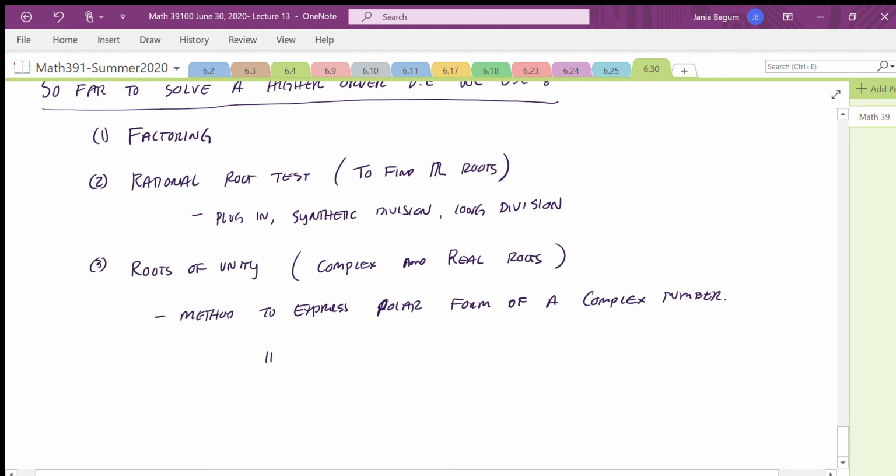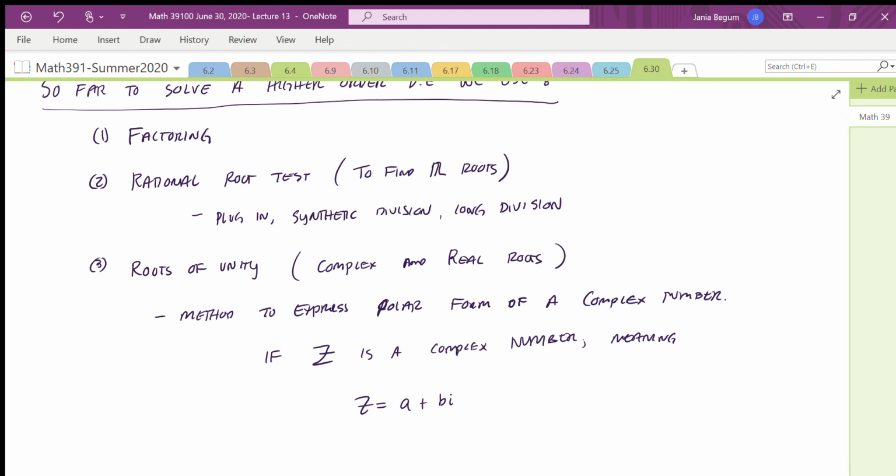Let's say z is a complex number, z equals a plus bi. I previously used alpha plus beta i, so now I'm using a plus bi. I hope you guys are okay with that. I'm going to write this in polar form, so we have z equals r e to the i theta.